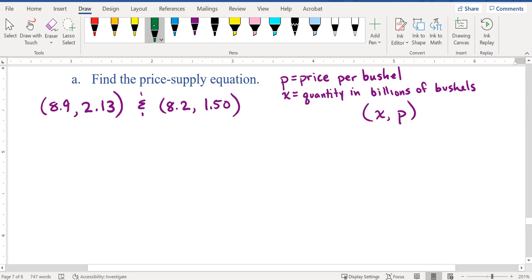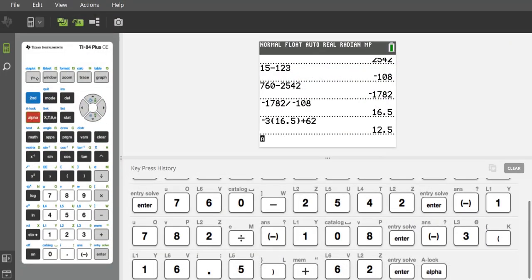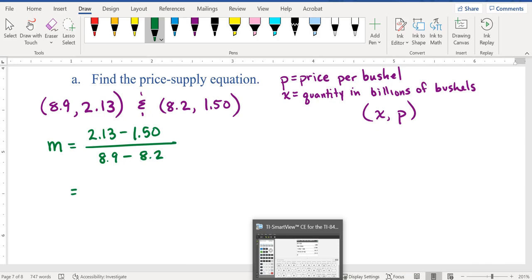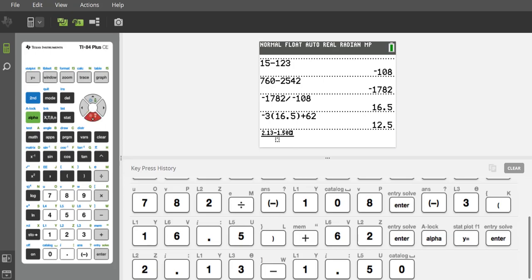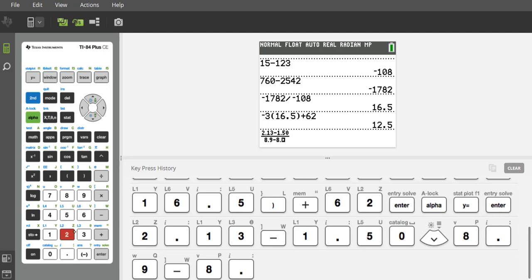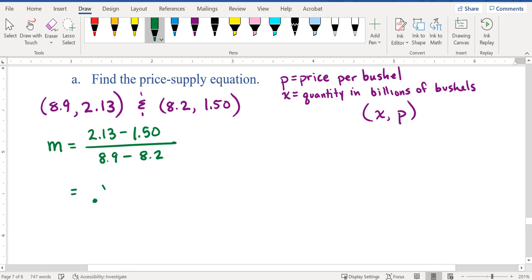First of all, I need to go get a slope. My slope is going to be the change in y over the change in x, 2.13 minus 1.50 over 8.9 minus 8.2. I'm going to go to my calculator to do that. Here comes a fraction. My numbers are 2.13 minus 1.50 over 8.9 minus 8.2. And I get 0.9. So my slope is 0.9.